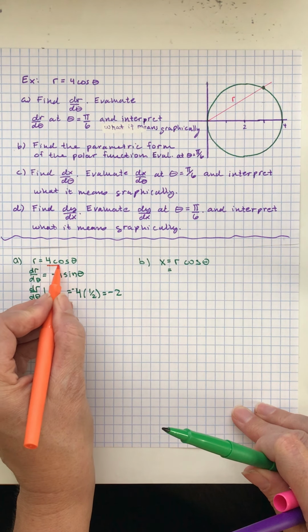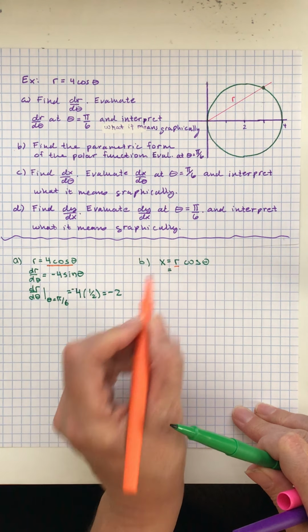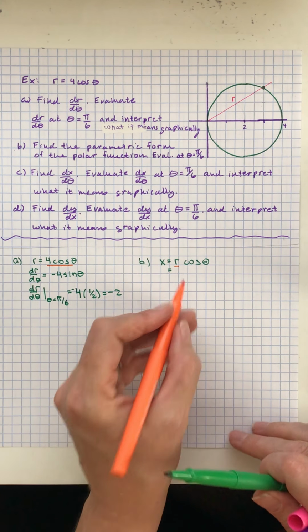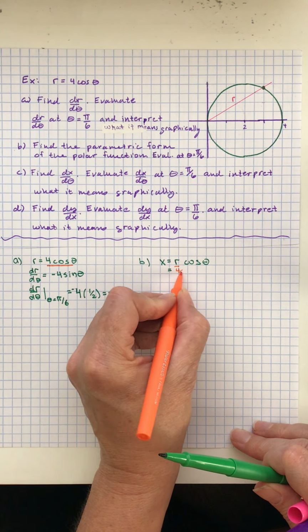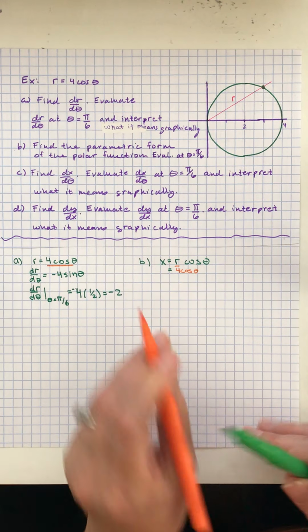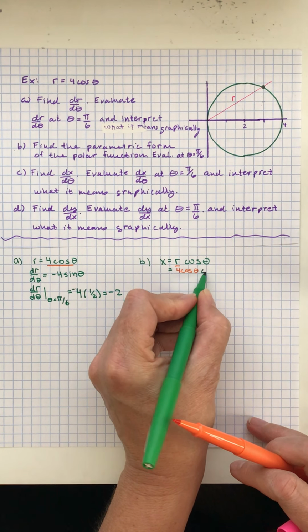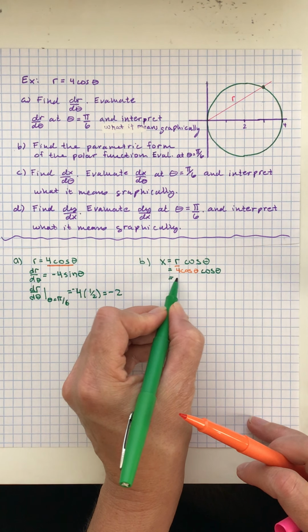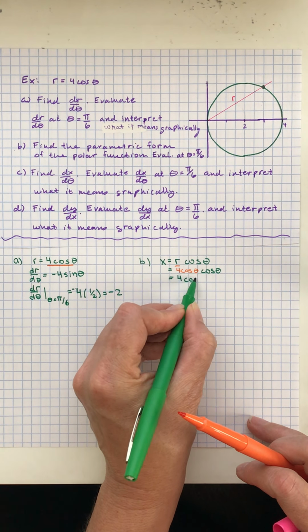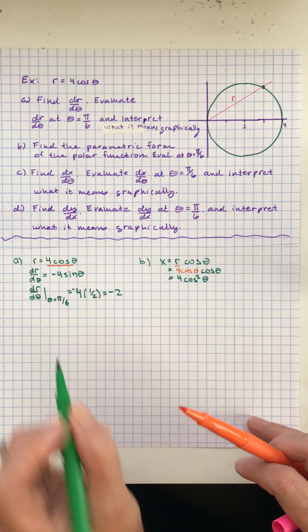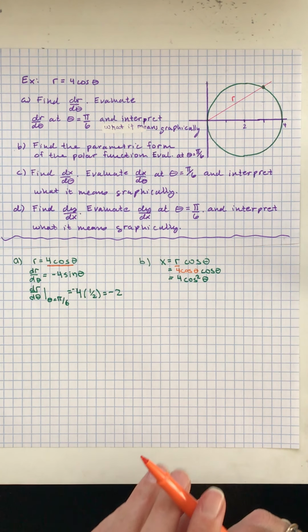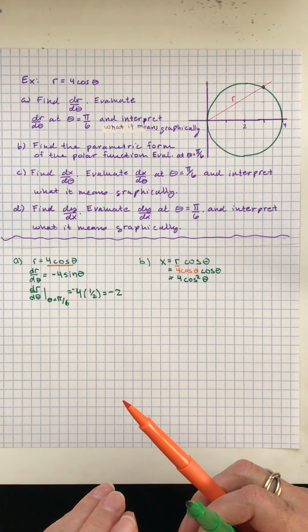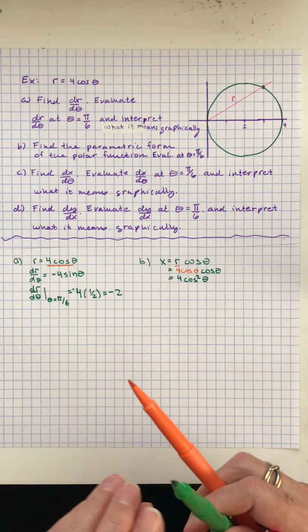So I'm going to take this and put it here. That will become 4 cosine theta times the cosine theta that was part of the formula. And so this gets simplified to 4 cosine squared theta. And so that's the x-coordinate of the point.